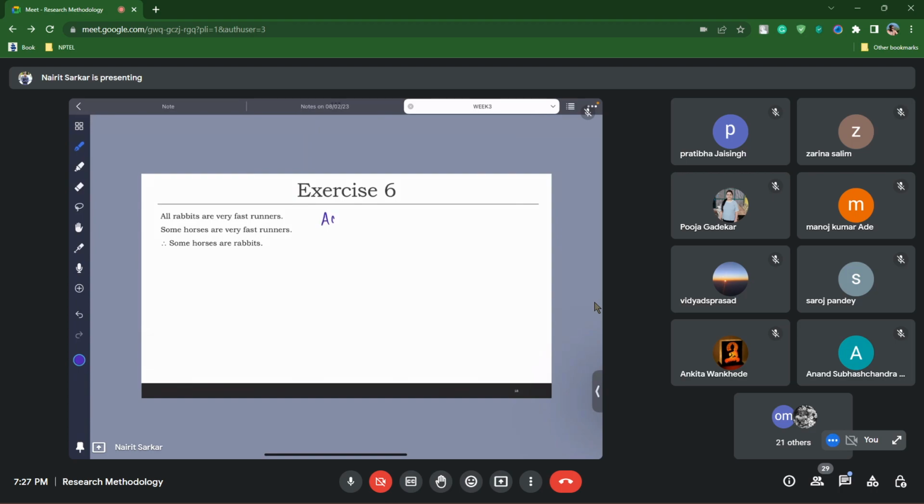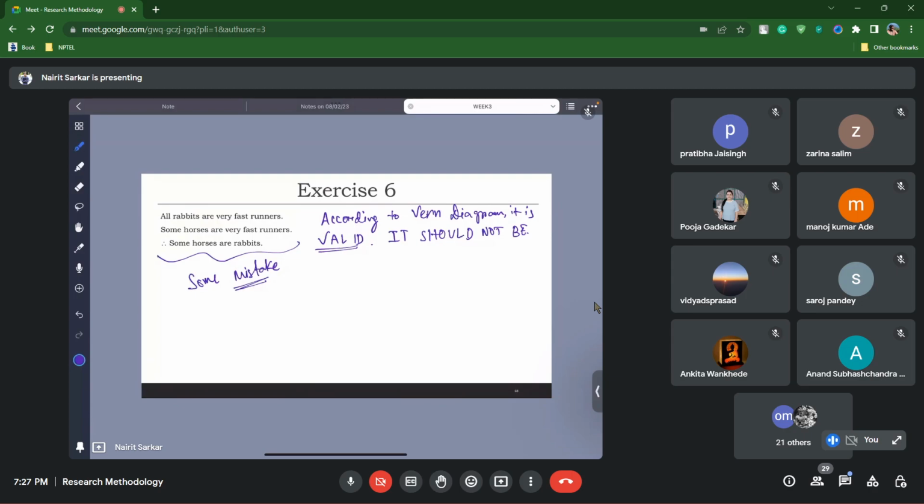Here, according to the Venn diagram, it is valid, right? We already saw, but it should not be. So there must be some mistake here.